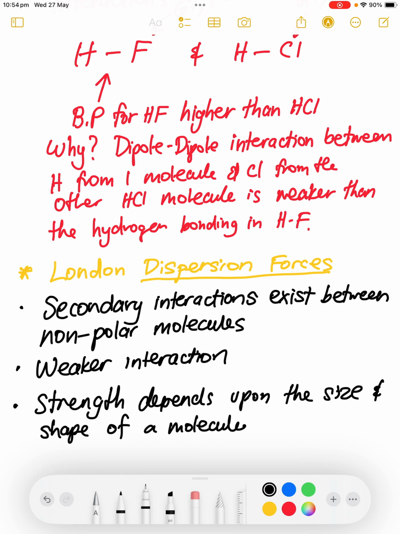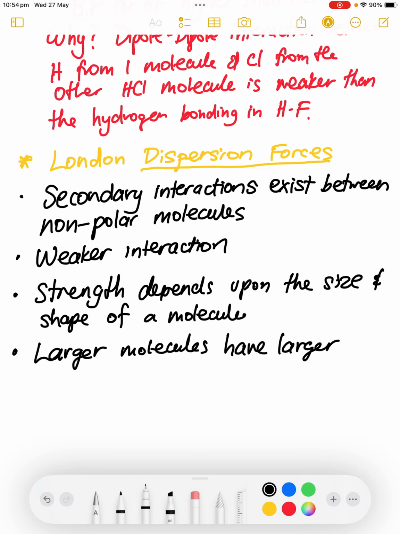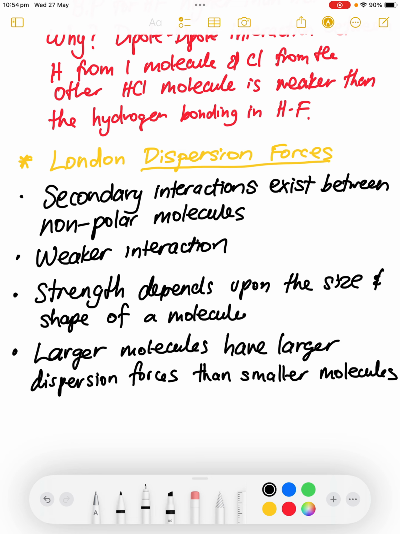All right. Now, larger molecules have a larger dispersion force than smaller molecules, meaning it has a higher boiling point as well. So I'm just going to note that larger molecules have larger dispersion forces than smaller molecules.